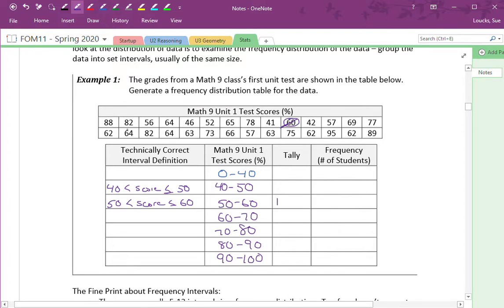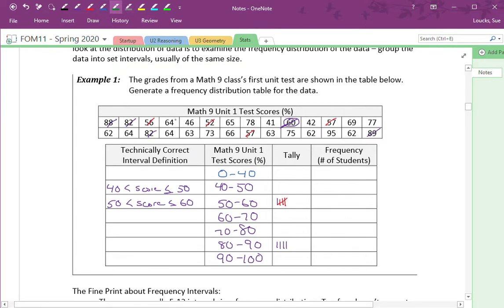So I can just go through and count how many start with 8. It's 1, 2, 3, 4. So I saw 4 that started with 8. And then I'll do this in a different color. Starting with 5, I've got 1, 2, 3, 4 that started with the 5. And I already had the 1 in there, right? Because 60 is part of that group as well.